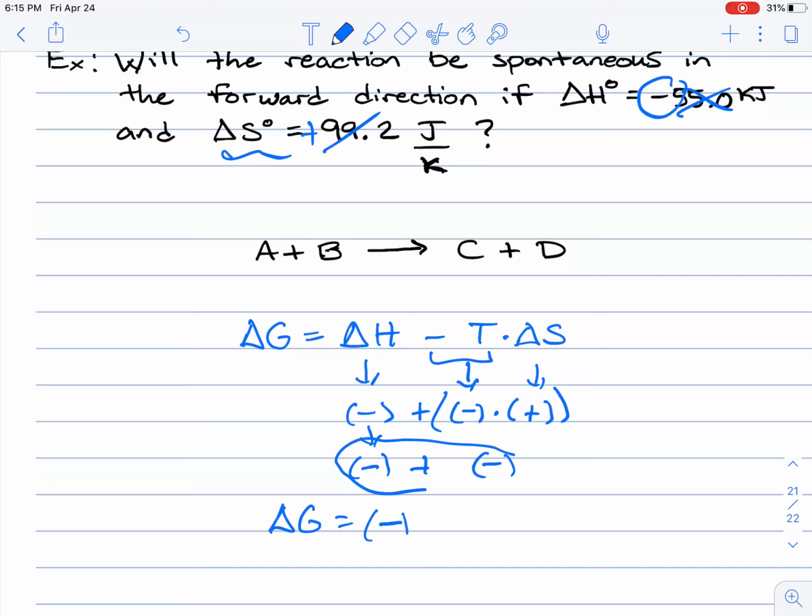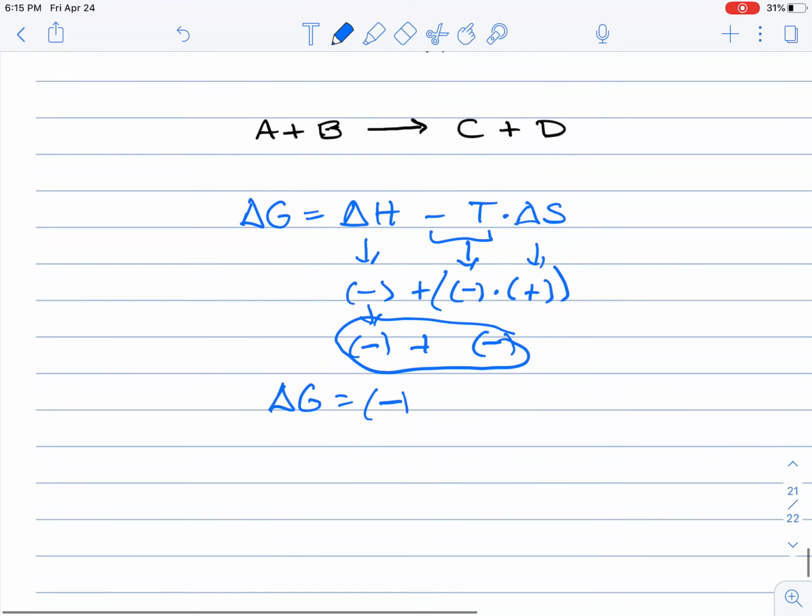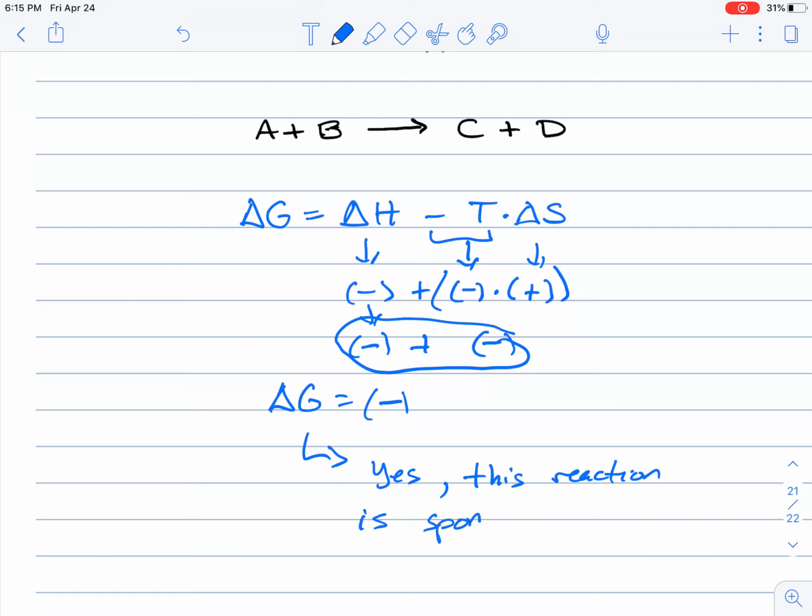And so since I'm getting negative values, I can say yes, this reaction is spontaneous at all temperatures. Okay, so there were no conflicting signs that would limit when the reaction will be spontaneous at certain temperatures.